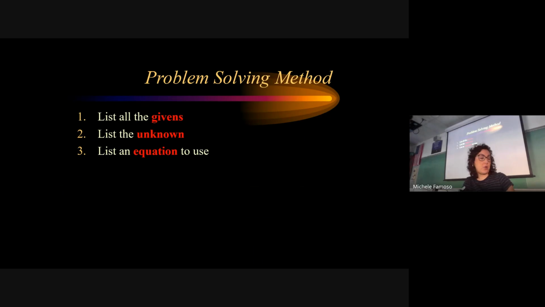And where are we going to find that equation? On our reference table. Basically, we're going to go like equation shopping. Find an equation that contains all the given measurements and the unknown variable. We'll then write that equation. What letter does equation start with? E. G-U-E. We're building a word as we go through.